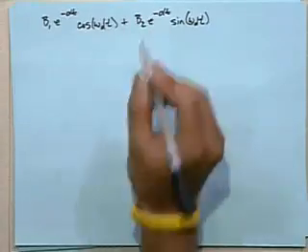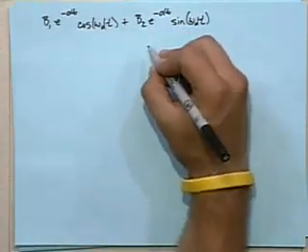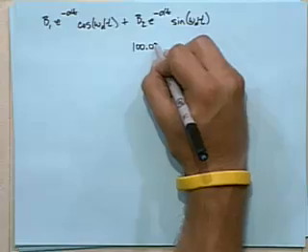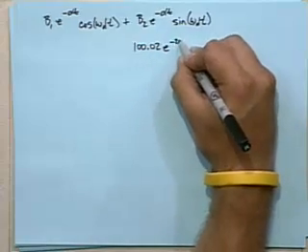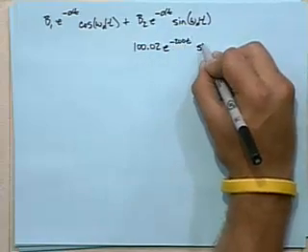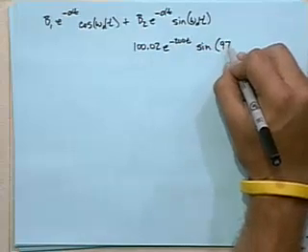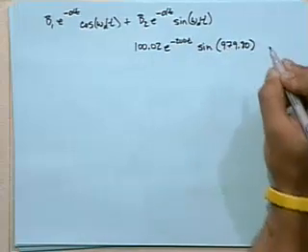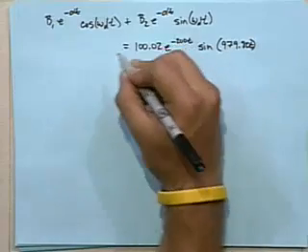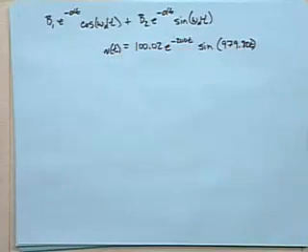B1 was 0, so this whole cosine term drops out. B2 was 100.02, so we get 100.02 e to the negative 200t times the sine of 979.80t equals the voltage.